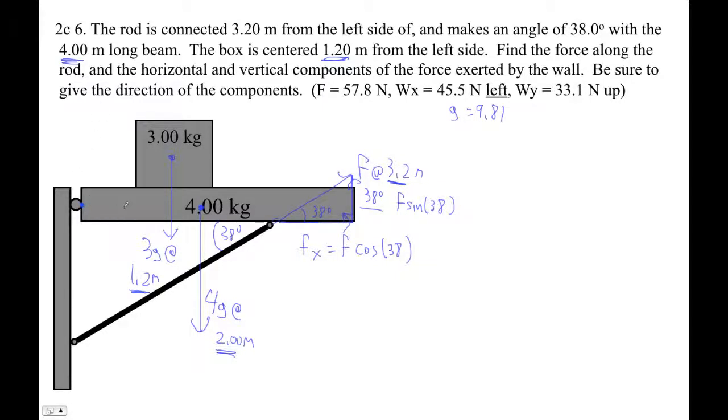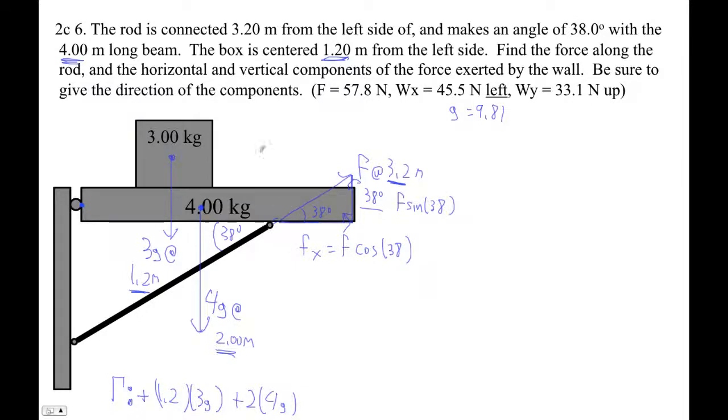Okay, so our torque expression looks like this. We're doing R times F, right? The first one we come to is a positive torque, clockwise torque, and that is 1.2 times 3g. The next one is also positive, so we got positive 2 times 4g. And that's at a 90-degree angle, so we don't have to worry about any sine.